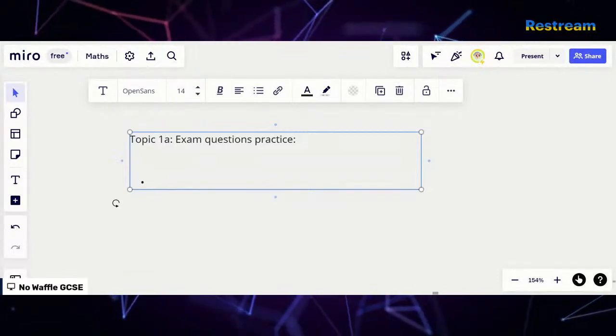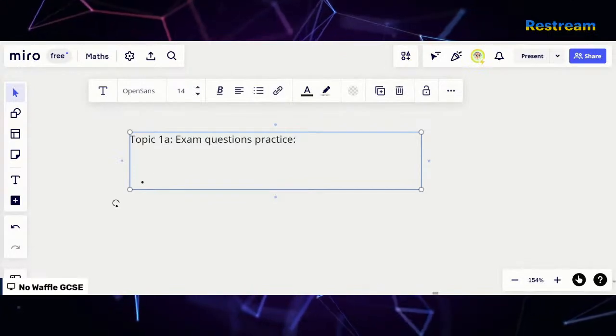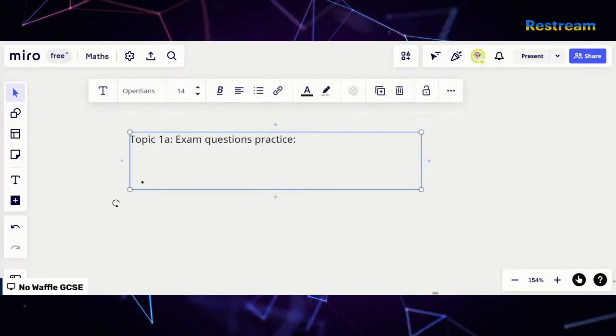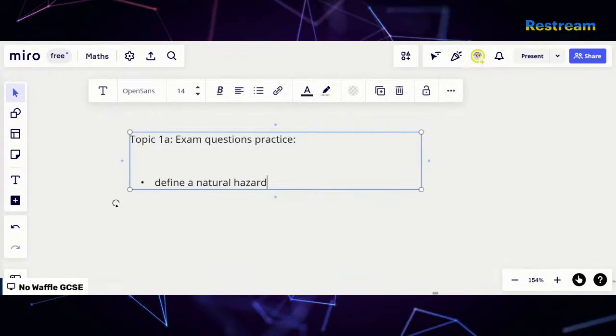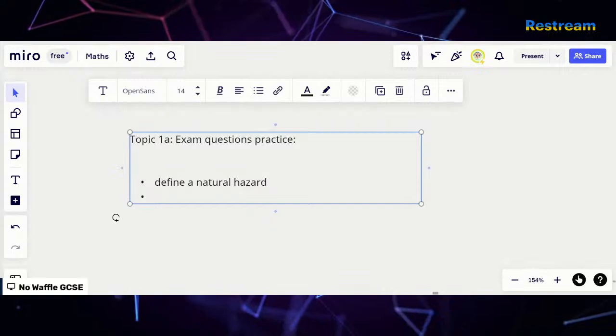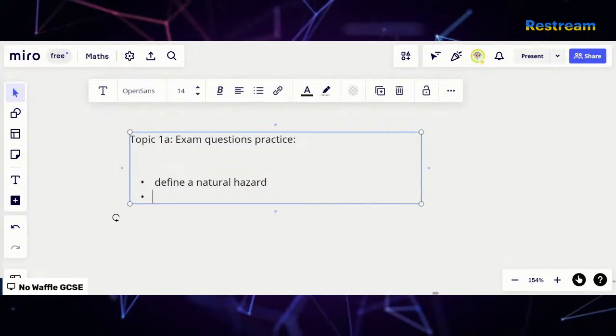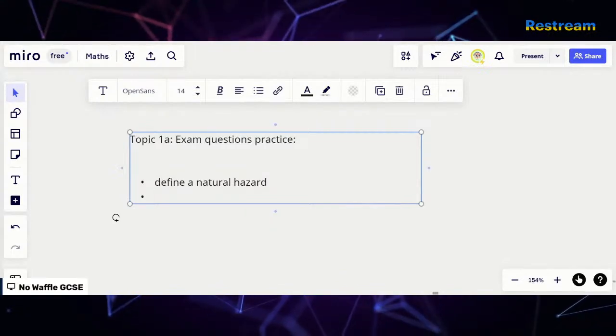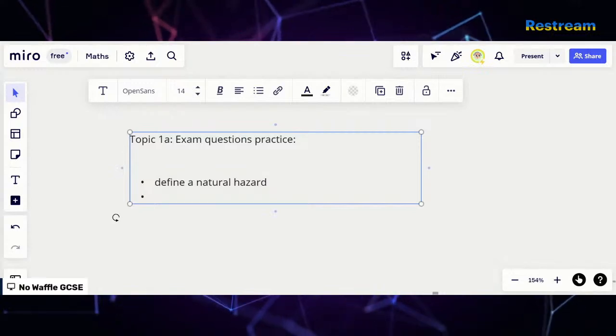So the first question is a one marker, and it's just: define a natural hazard. You can pause this and have a go, by the way, as we're going through it.